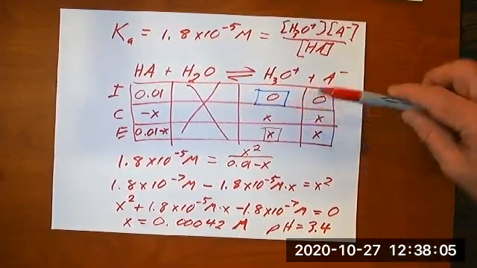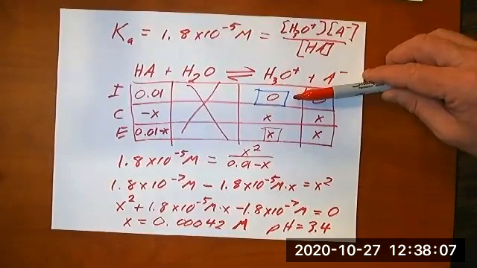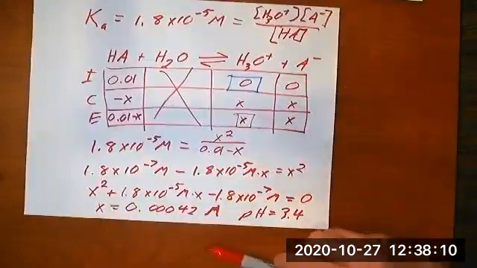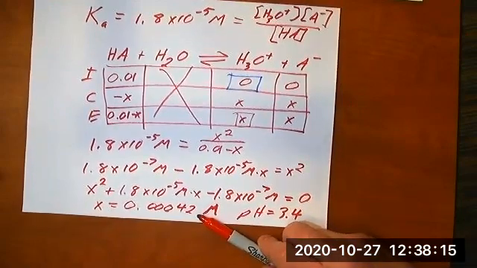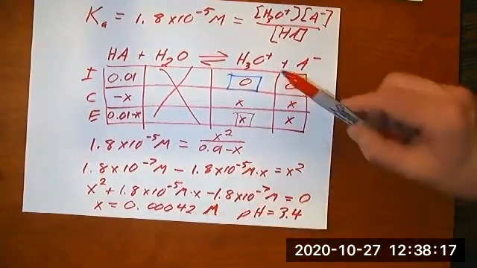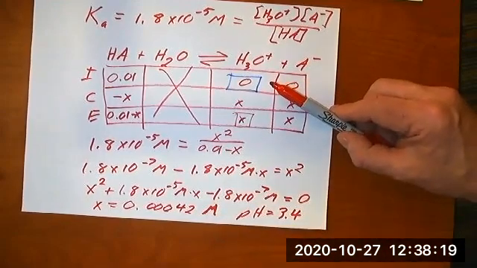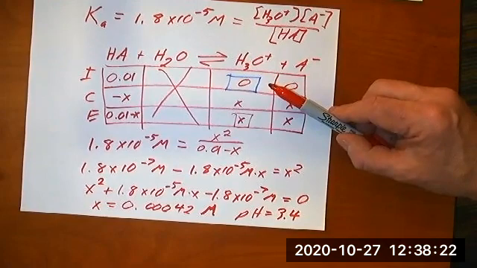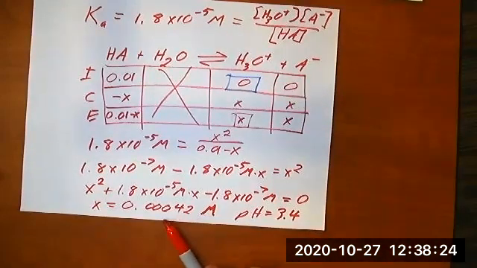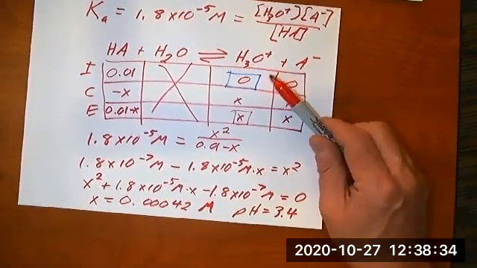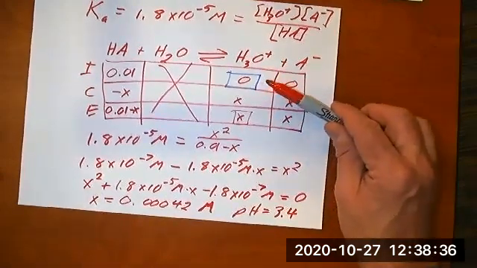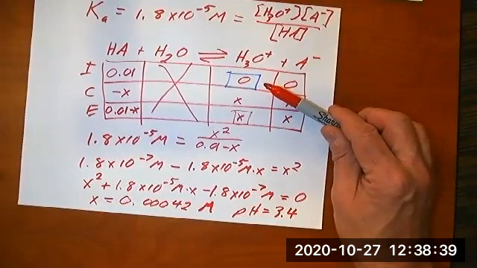So I was able to leave this as 0 in this case as long as I check afterwards to make sure that the result, X here, is large compared to the 10 to the minus 7 that should have been in this box. In this case, 4.2 times 10 to the minus 4 is quite large compared to the 10 to the minus 7 we started with, so it is perfectly fine to neglect the initial concentration of the hydronium ion here.